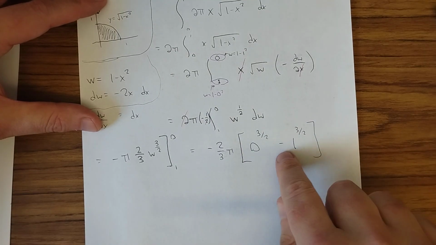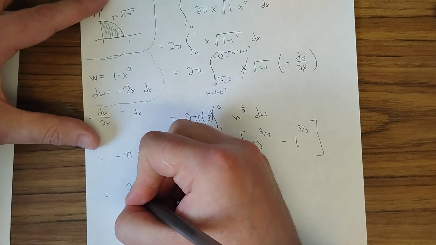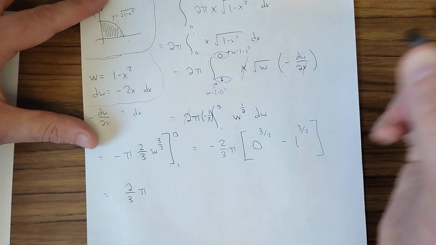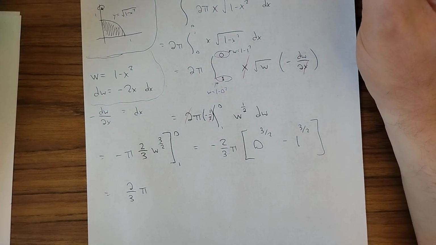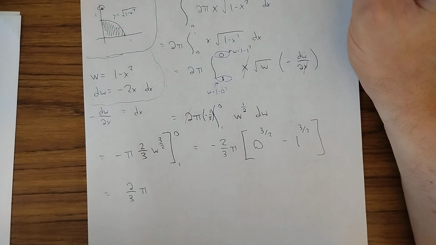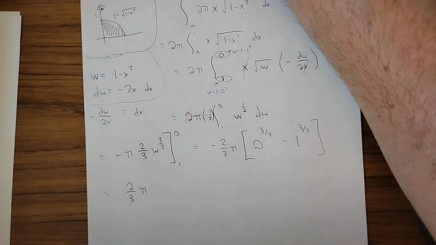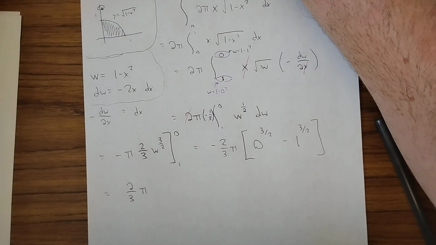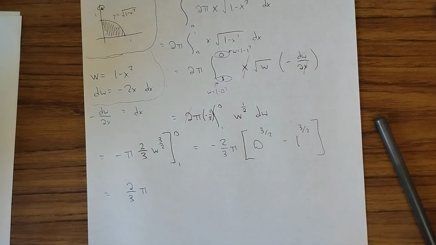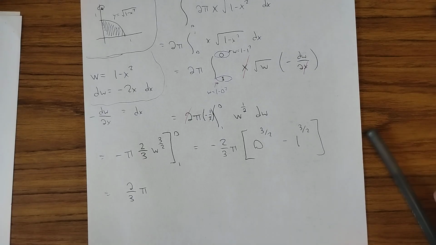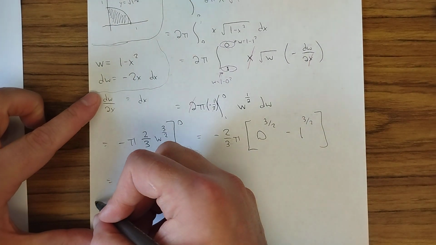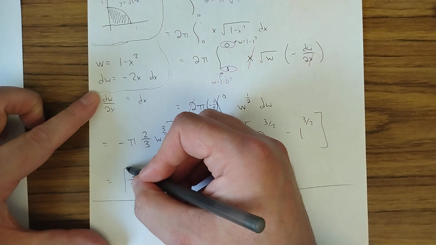So this here is a negative 1, so I get 2/3 pi. So that's our answer.